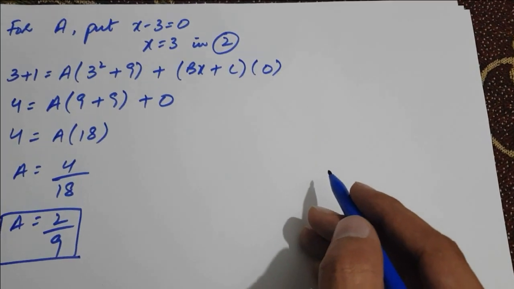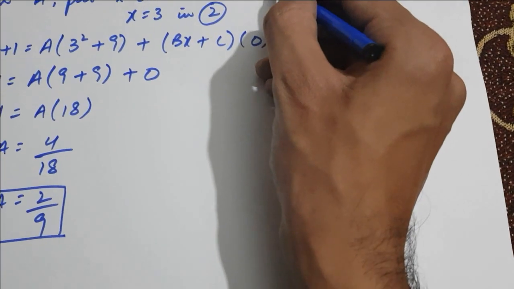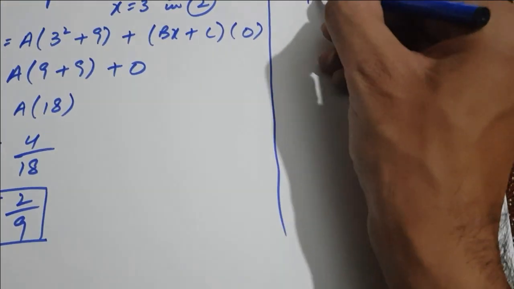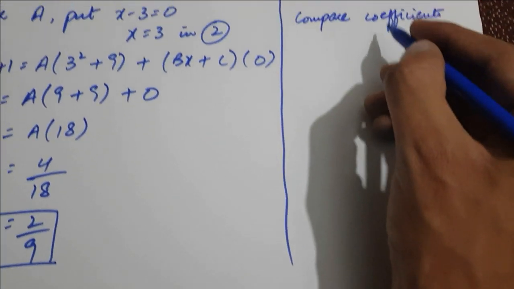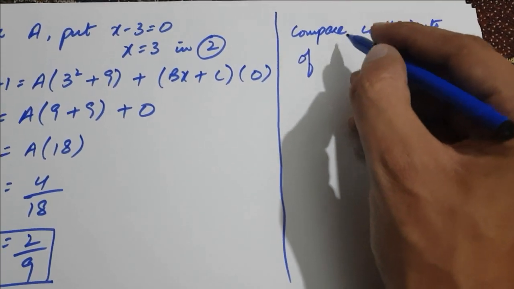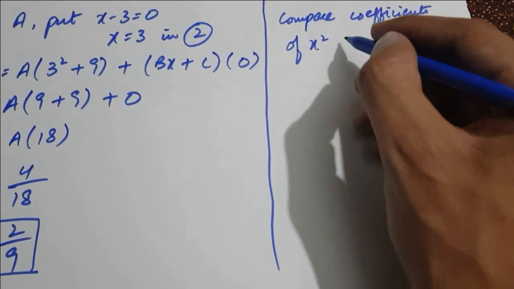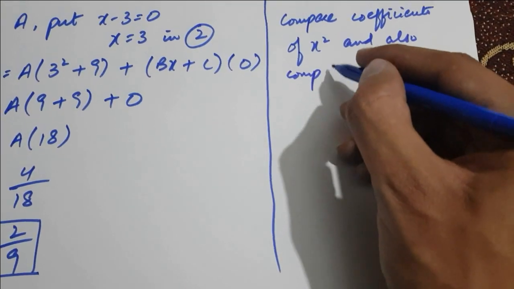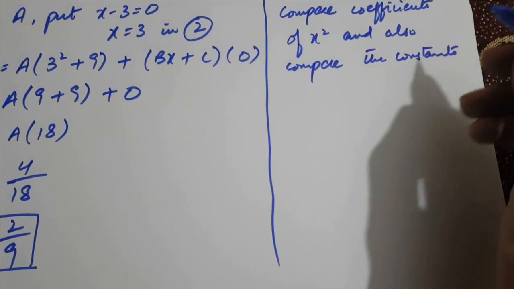To find the values of B and C, we now compare coefficients of x squared and also compare the constants.